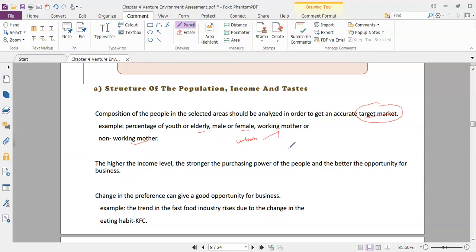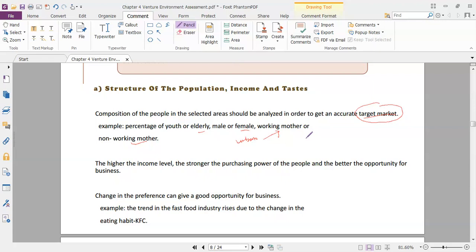If we compare urban area and rural area, many of the mothers in urban areas are working mothers, so it will give opportunities to open a business for food and beverage. After mothers come back from work, they need to prepare food for the family.